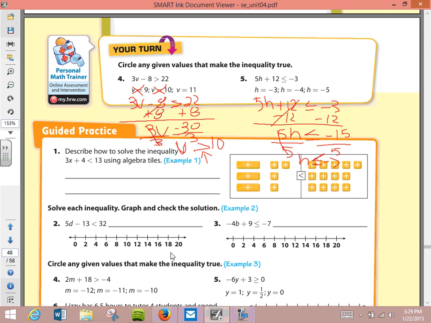Because it can't be equal to it, right? But guess what? I think this is kind of dumb because if the answer is less than or equal to negative 3, there's negative 2, negative 1, negative 4, negative 5. This is negative 3, right? That is equal to negative 3.